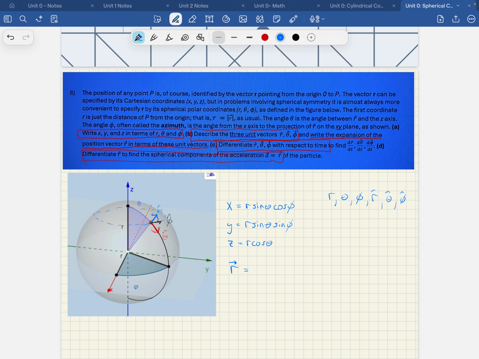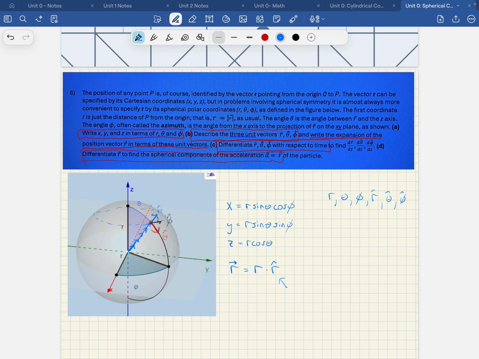If the r hat unit vector points along this radius, and I just take r of them, like if r is 6, I just take 6 of those and add them together, I end up exactly where I'm supposed to be. So this is just r times r hat. And that's it, we're done.